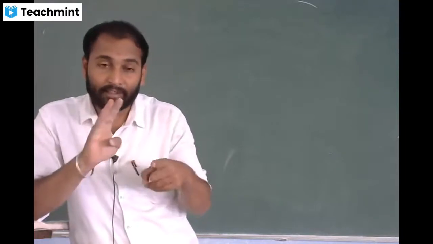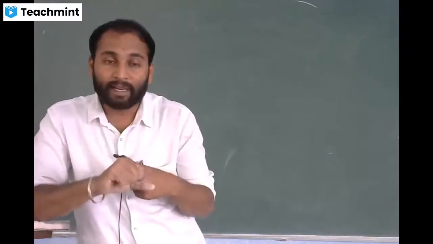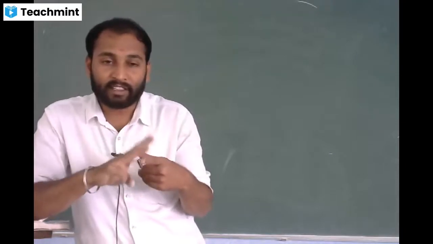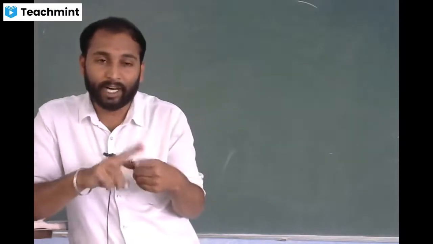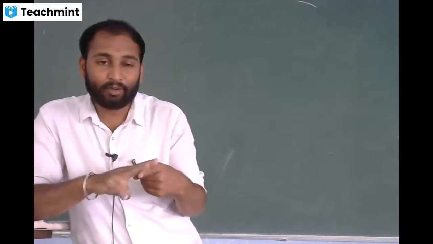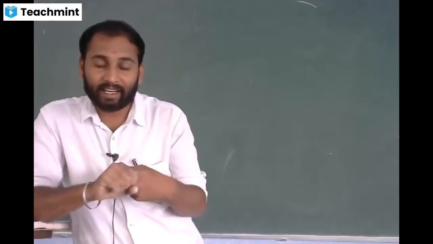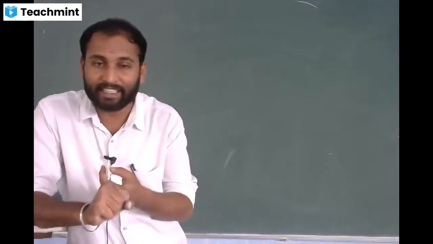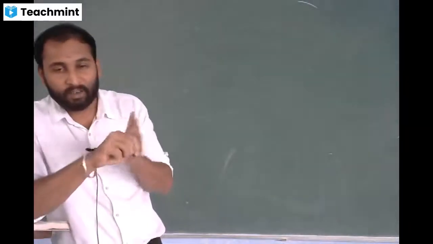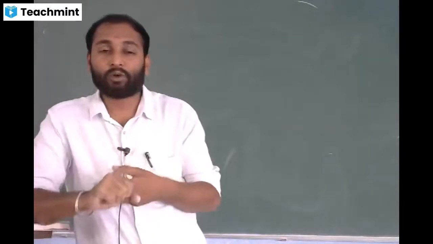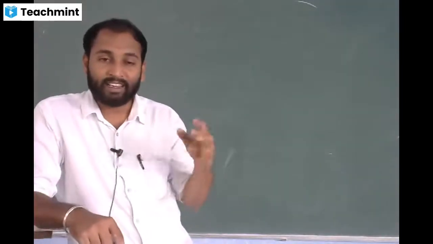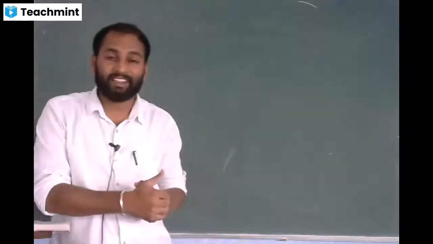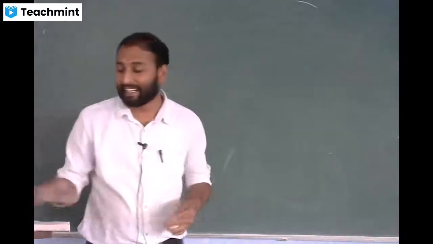Whatever concepts I have taught related to human eye function, power of accommodation, defects of eyes, that is myopia, hypermetropia and presbyopia, cataract, all these concepts won't be there for the CBSE examination, but they will be there for NTSE. So you should prepare for everything, and the problems related to myopia and hypermetropia won't be there for CBSE, but they will come for NTSE.